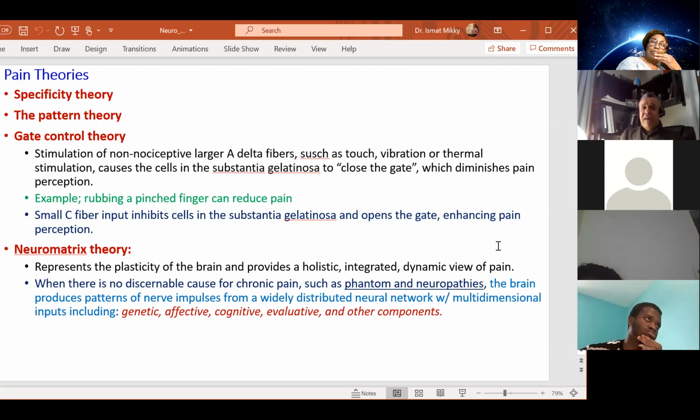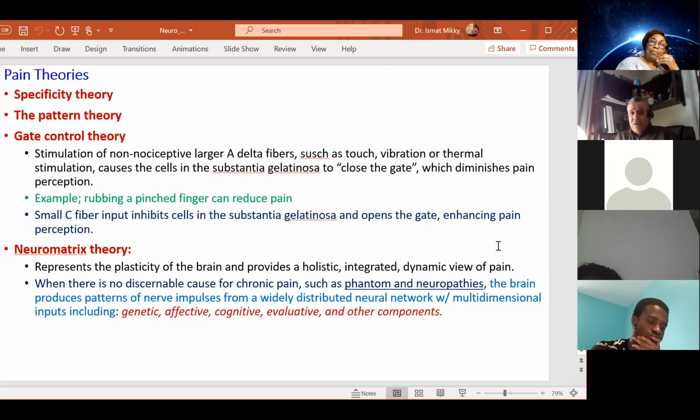Who would be affected by phantom limb pain? Amputees. Post amputation, patients experience phantom pain. They still can experience the pain as if they still have the limb and it was not surgically removed.